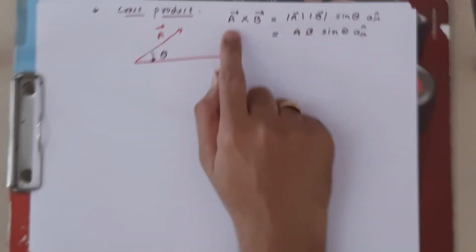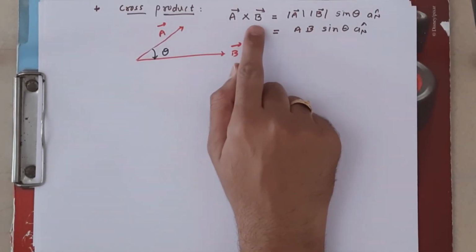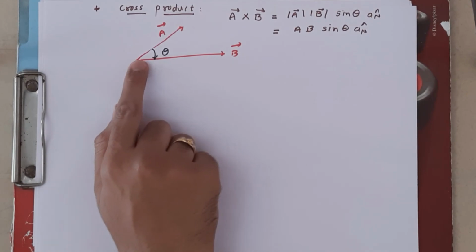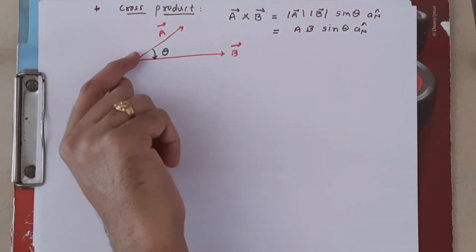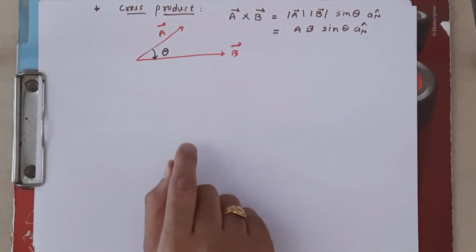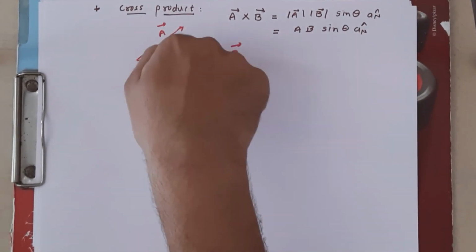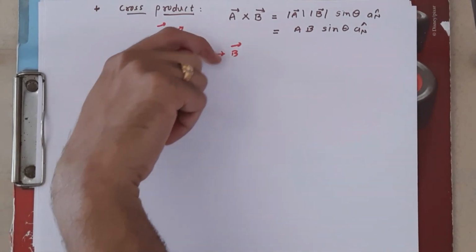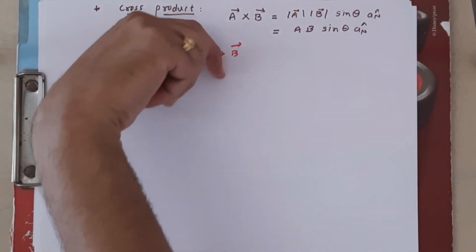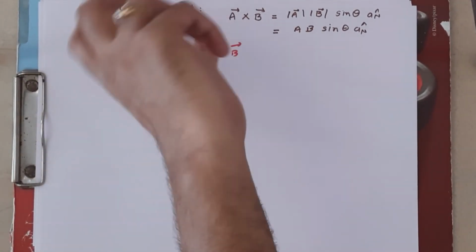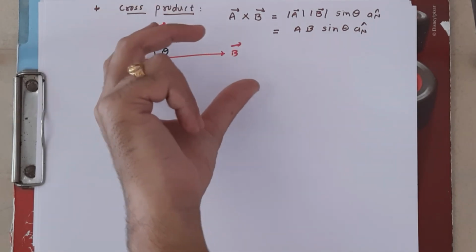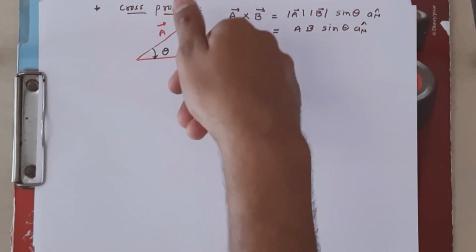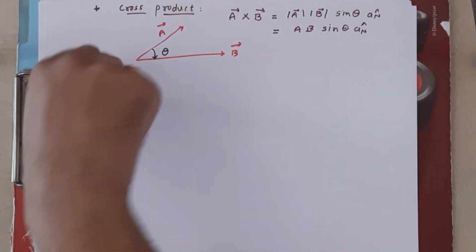Clear? So here I have to do the cross product between A and B. That means first I have to pick up vector A, and then I have to go to vector B. That means I have to go from A to B, and so I have to prefer the clockwise direction.